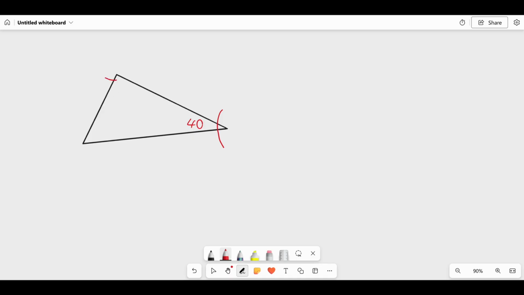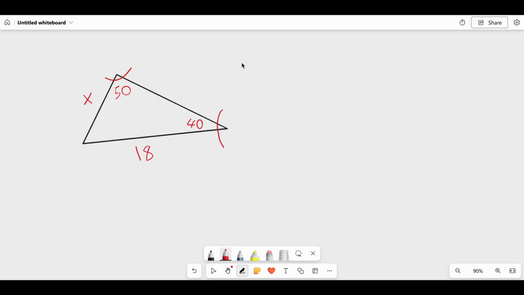Let's say we have this angle, and this angle is 50. We have this side, let's say this side is 18, and we need to find this missing side.